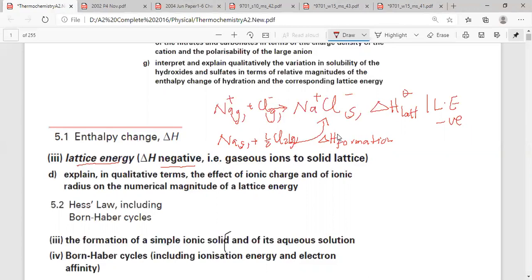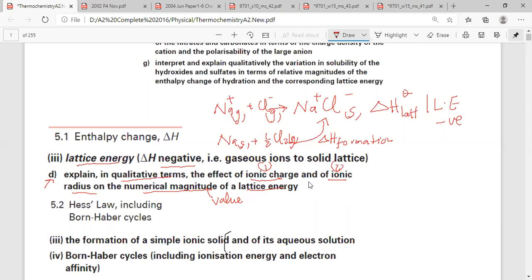And here, explain in qualitative terms the effect of 1, ionic charge, and 2, ionic radius, on the numerical magnitude. It means the value of the lattice energy. Okay, 2 things.